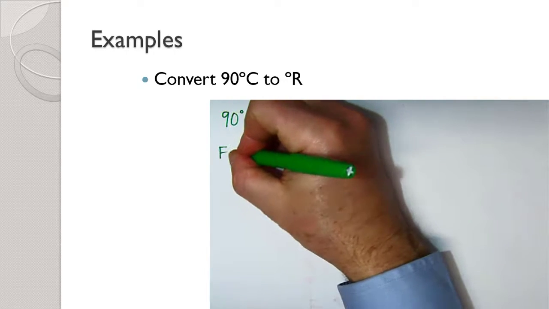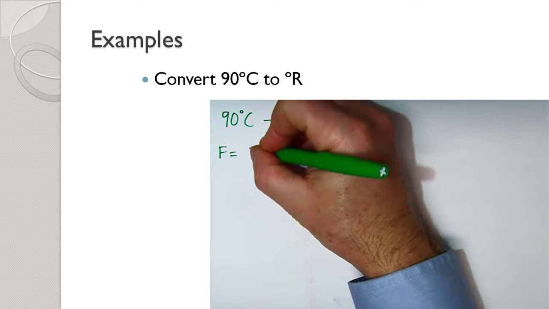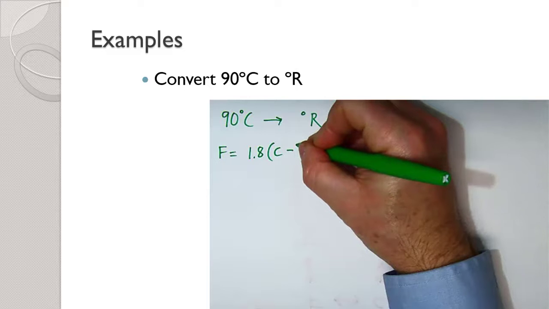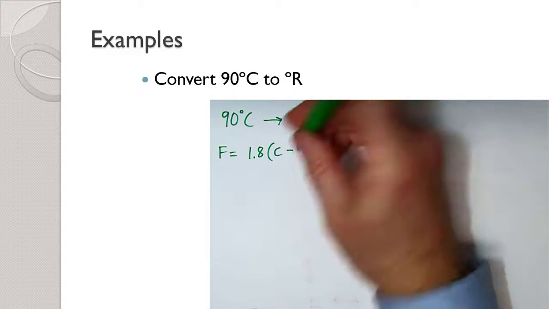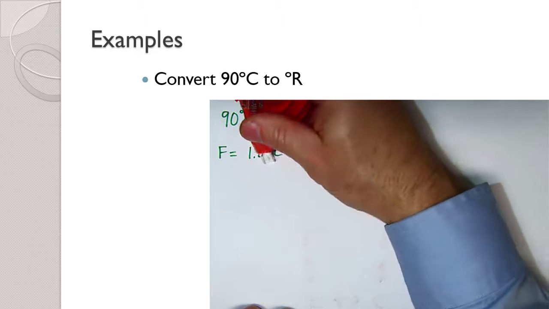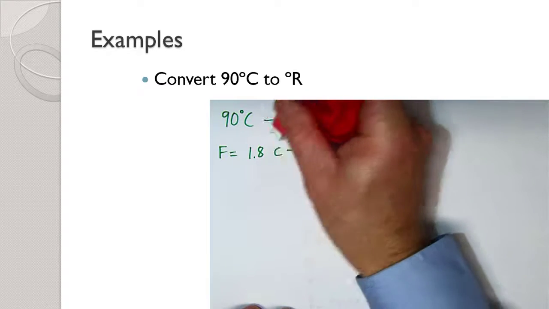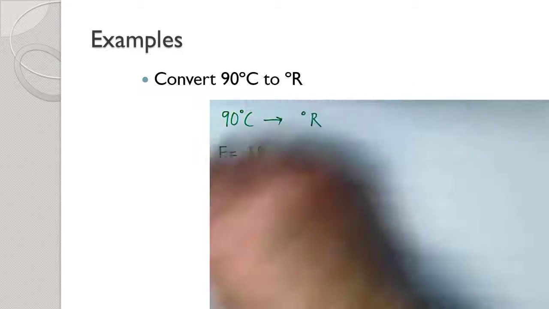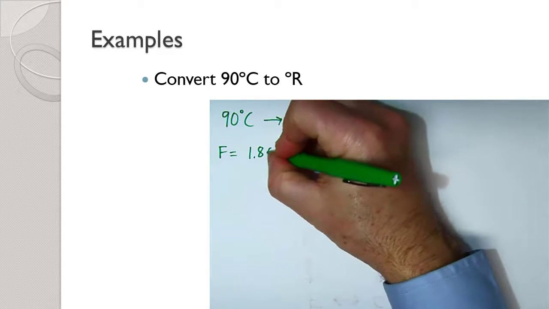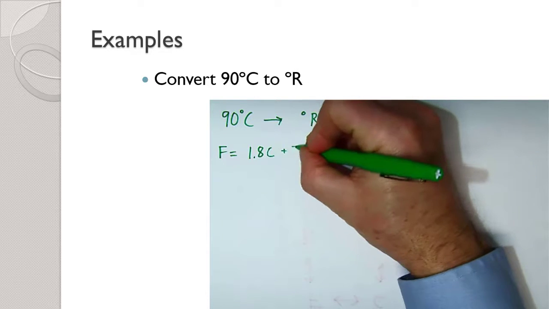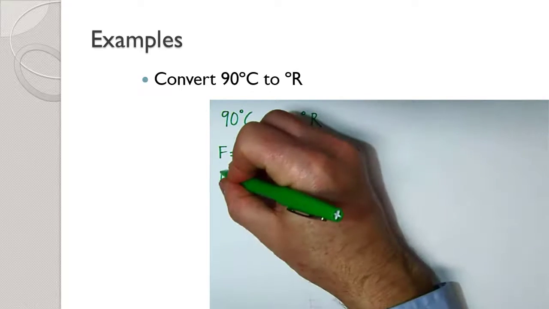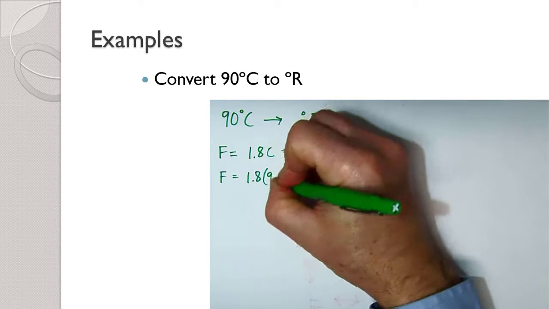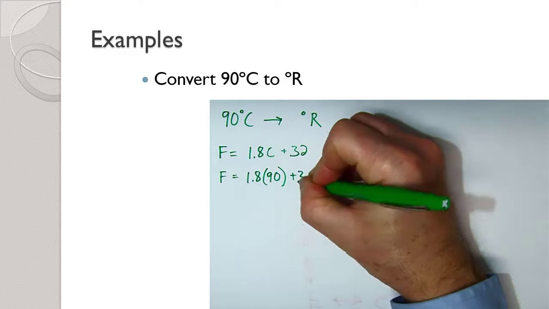So our Fahrenheit temperature is 1.8 times our Celsius temperature, and then we add 32 to that. So that means our Fahrenheit temperature will be 1.8 times 90, and then we'll add 32.